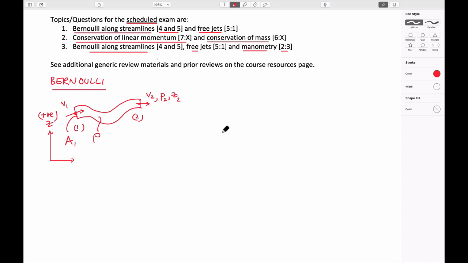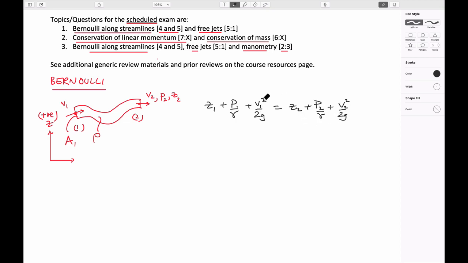And that allows us to write the Bernoulli equation in terms of upstream as an elevation plus a pressure head plus a velocity, an inertial term, v1 squared over 2g, and that's equal to the downstream components of that in terms of elevation, pressure, and velocity head.